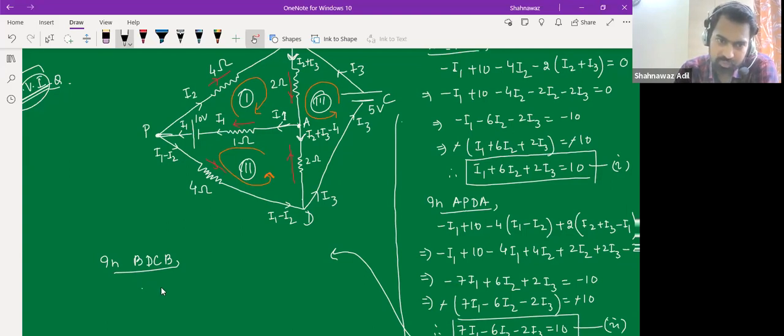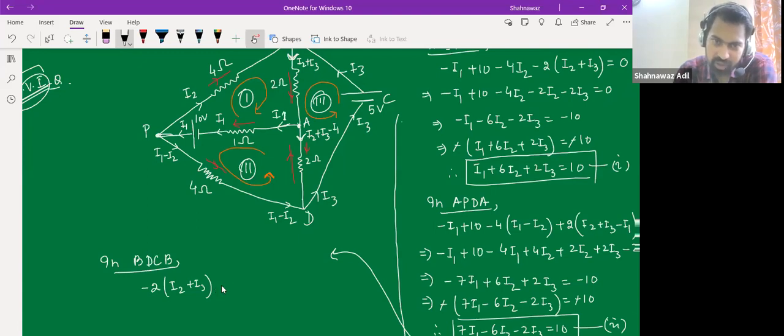Minus I2 plus I3, and this is resistance into current, which is I2 plus I3. And then we are in this direction, right? Loop is in this direction, current is in this direction. What would be the voltage?